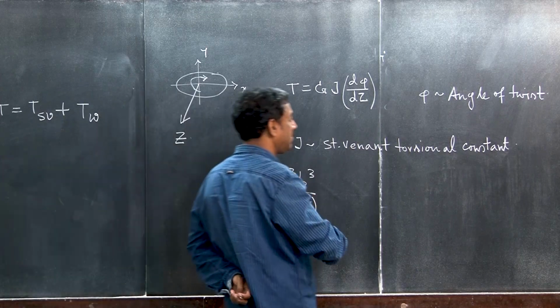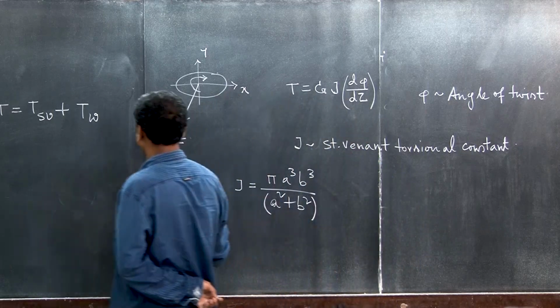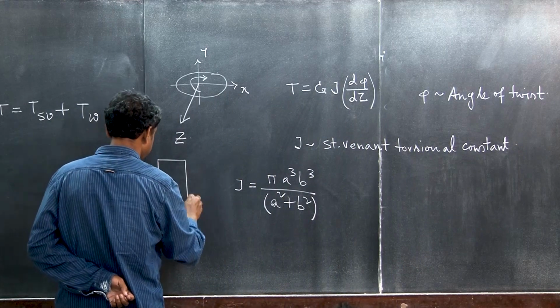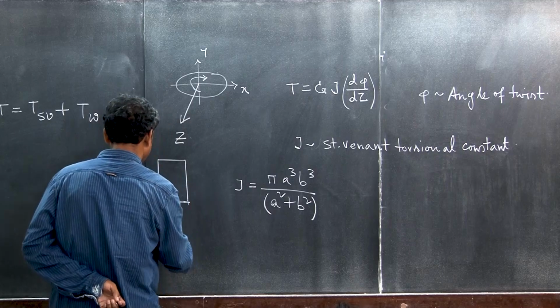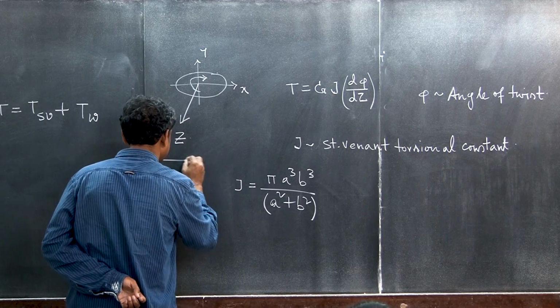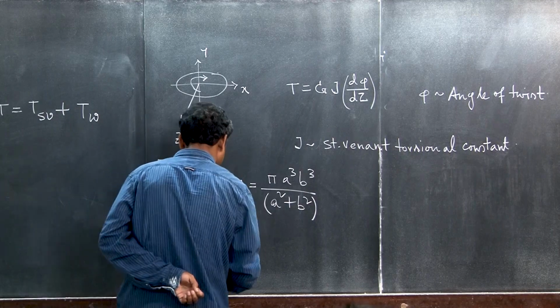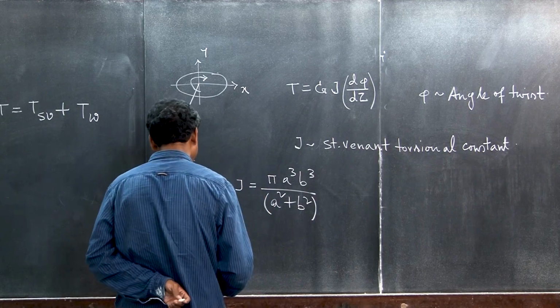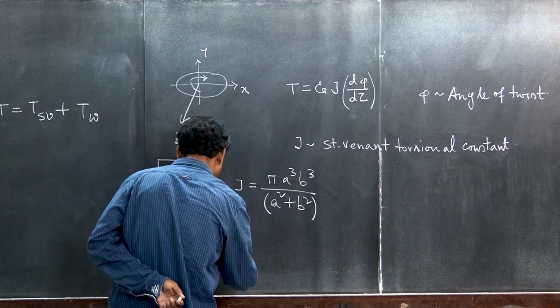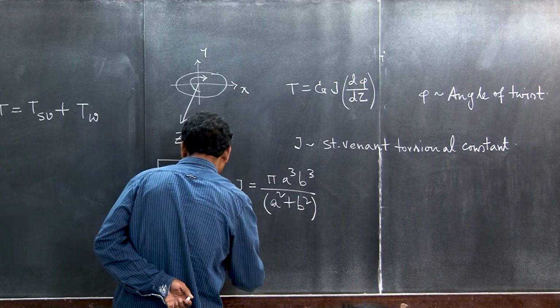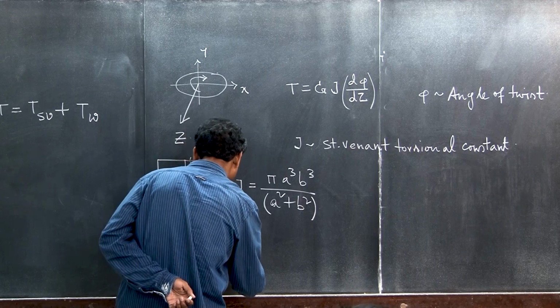And then for the rectangular section, if you can recall, if we consider this is A and this is B, then J will be basically some constant alpha times B into A cube.